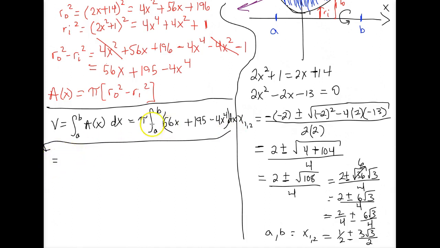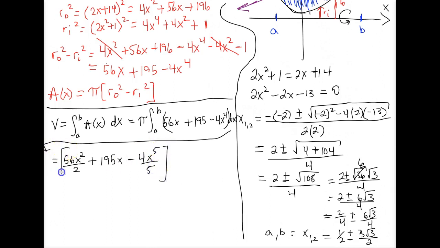So antiderivative of 56x is just 56x squared divided by 2. Antiderivative of 195 is just 195x. Antiderivative of 4x to the fourth is 4x to the fifth divided by 5.